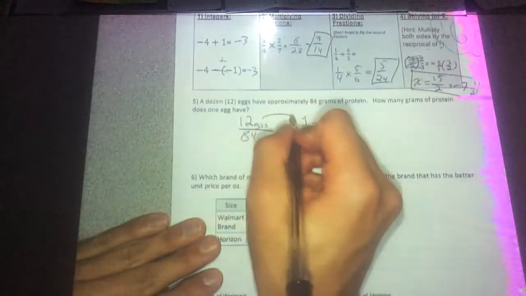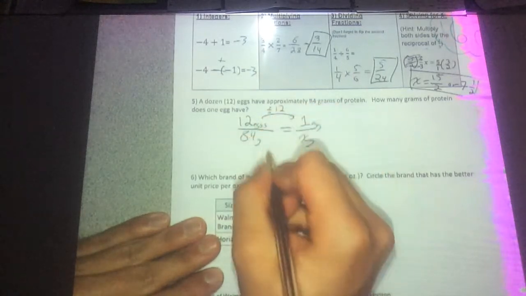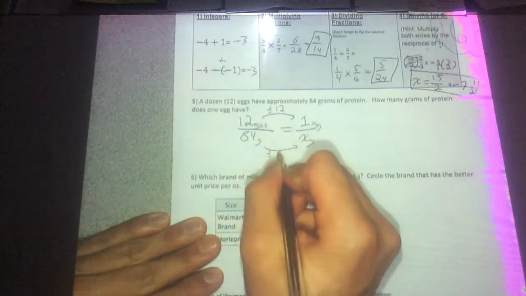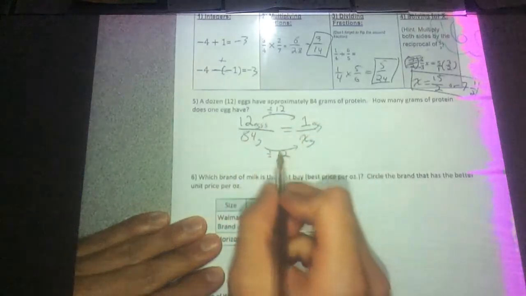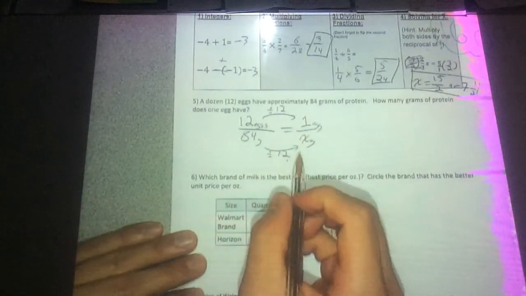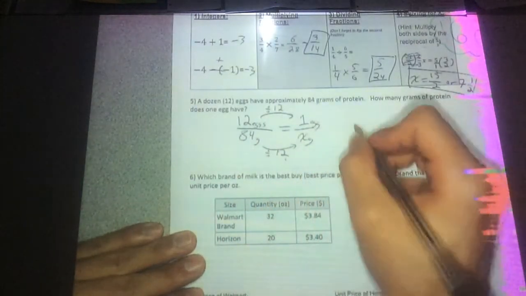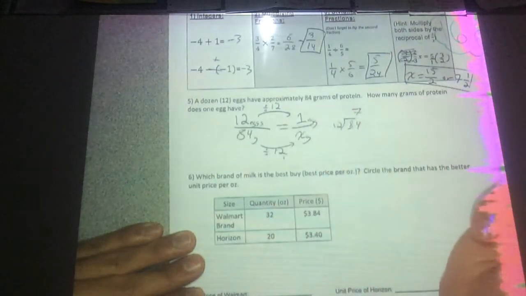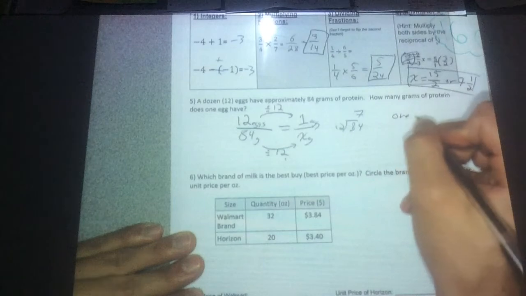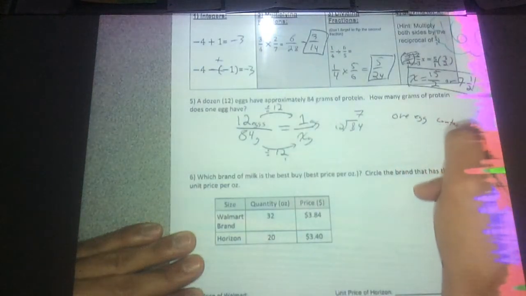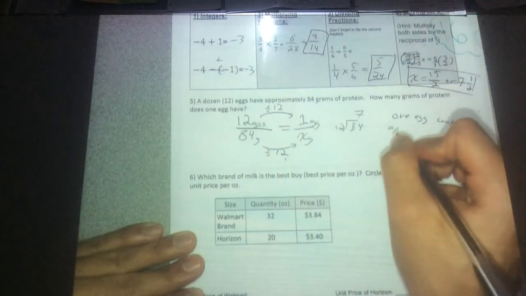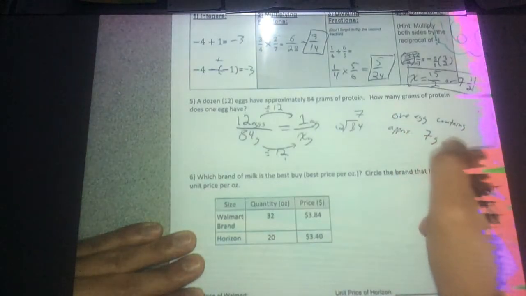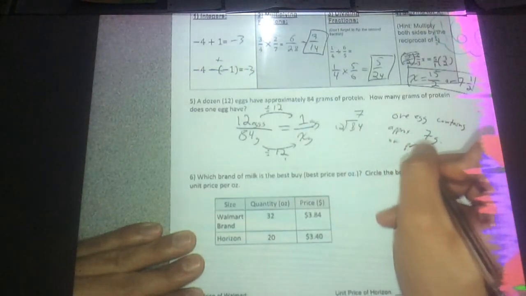I know here that I divided by 12, and what I do to the numerator, I'm going to do to the denominator as well. And 84 divided by 12 is going to be 7. So one egg contains approximately 7 grams of protein.